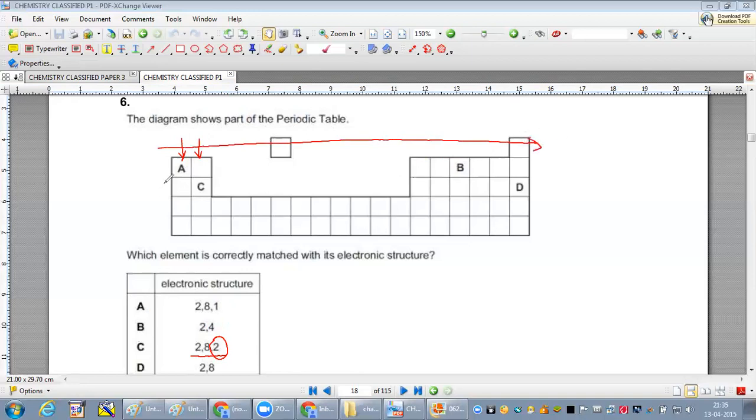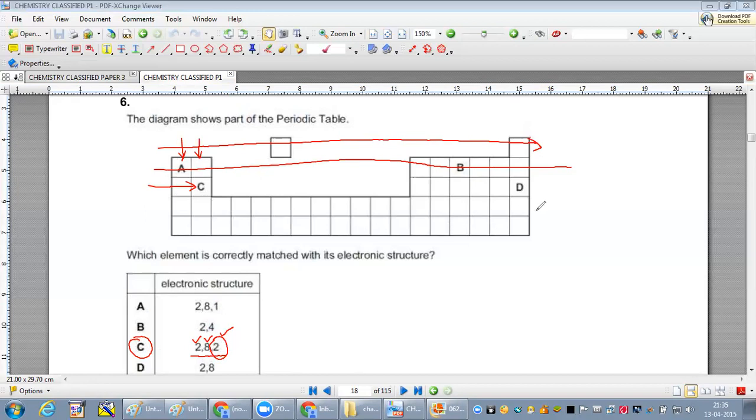This is your second period, it will have 2 shells or 2 orbits. This is your third period, it will have 3 shells or 3 orbits. So you can see over here there are 3 shells. So part C is the correct part. Not only the group number you have to see, you also have to see how many periods it has and in which period it is placed. So C is the correct option.